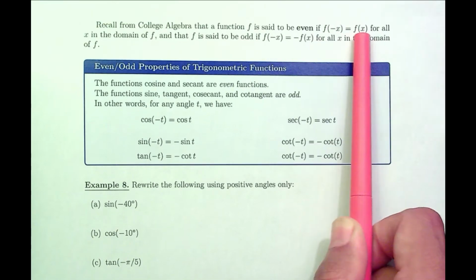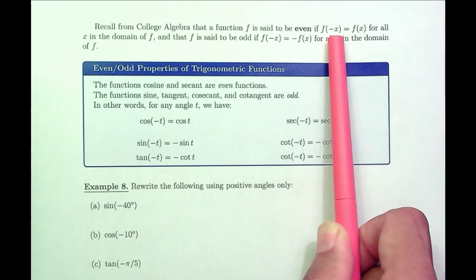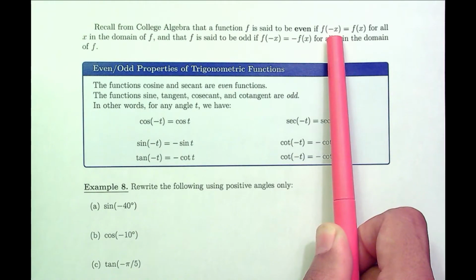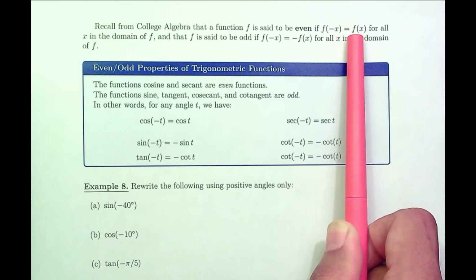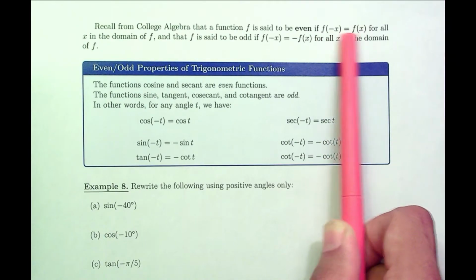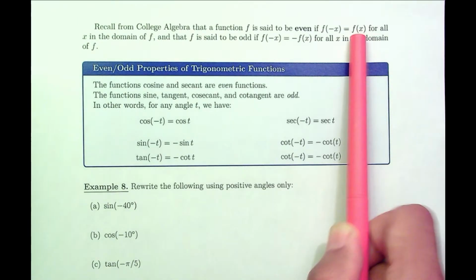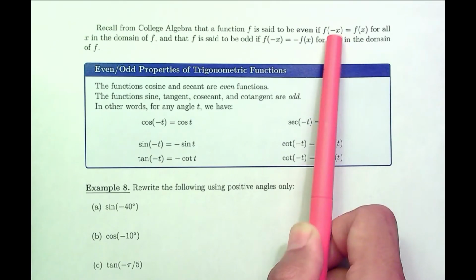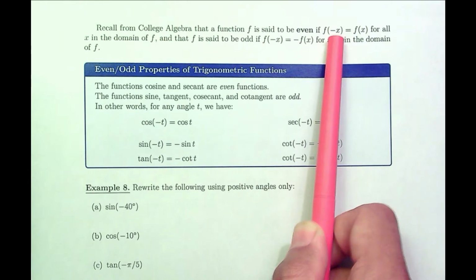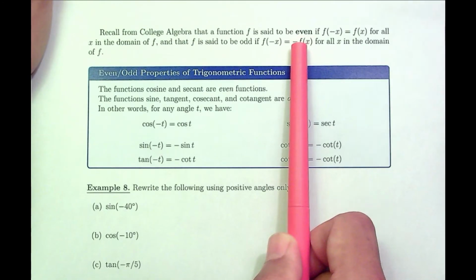So algebraically, it is easy to think of it as the function ignoring a negative sign inside. So if you put in a negative number, it is the same as if you had plugged in a positive number. So f of negative x equals f of x. So f of negative 5 will be the same as f of 5, for example. You can drop the negative sign and simplify. So that's an even function.